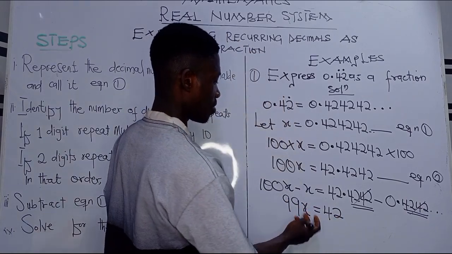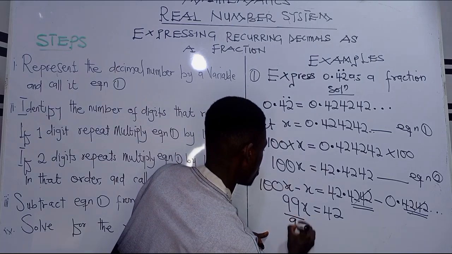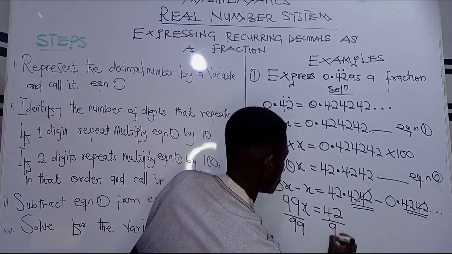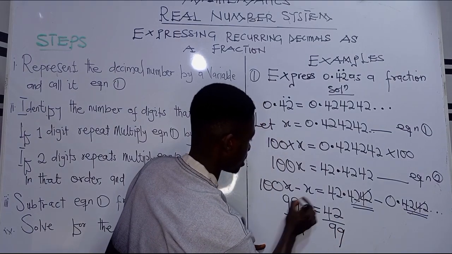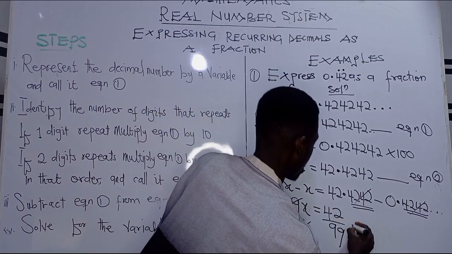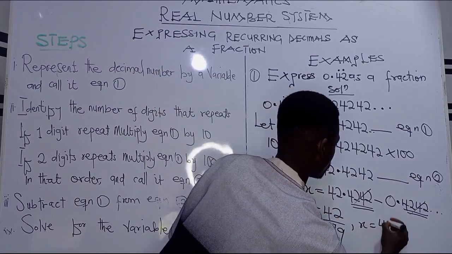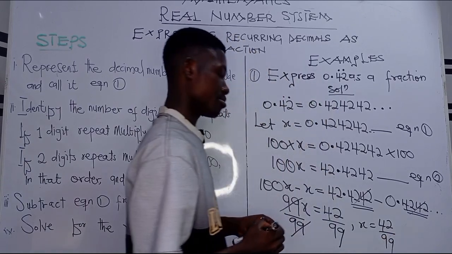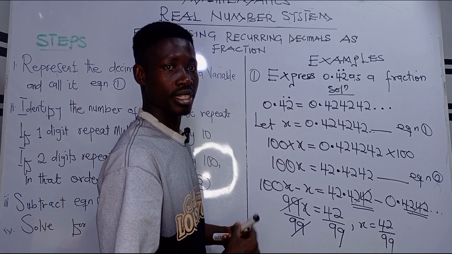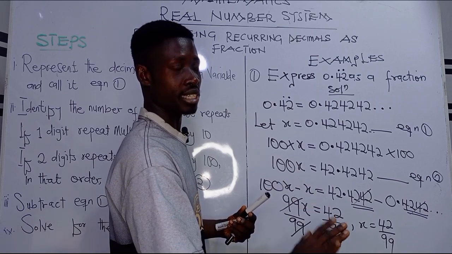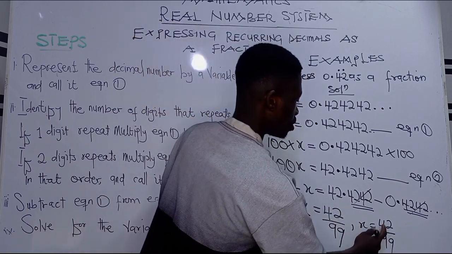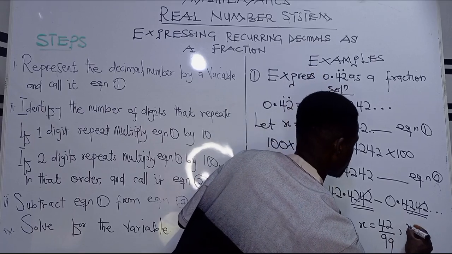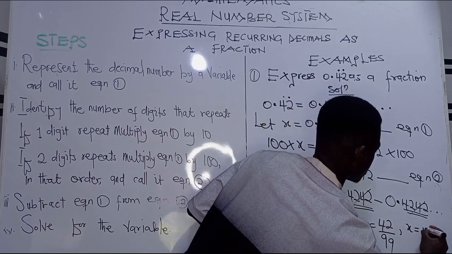We are looking for the variable x. We divide both sides by 99, both sides by 99. This and that will go. We have our x is equal to 42 all over 99. Do you think we can break it down? Yes, we can reduce it to its basic form. 3 into 42 will give us 14, right?